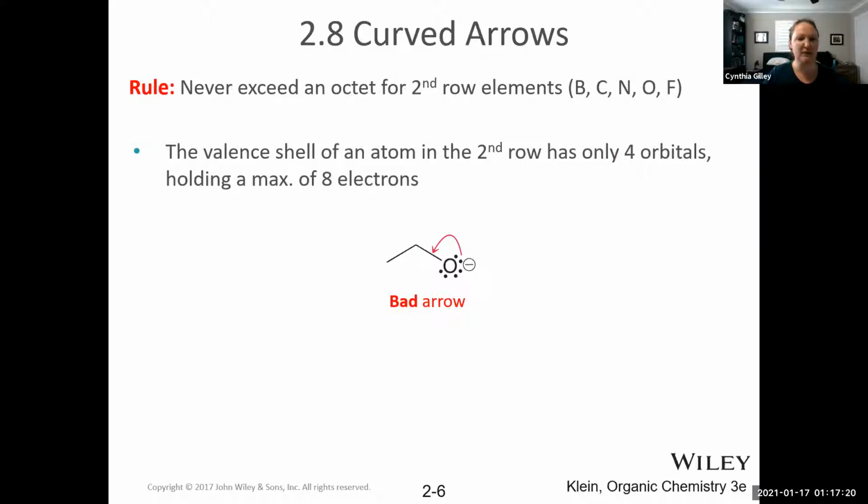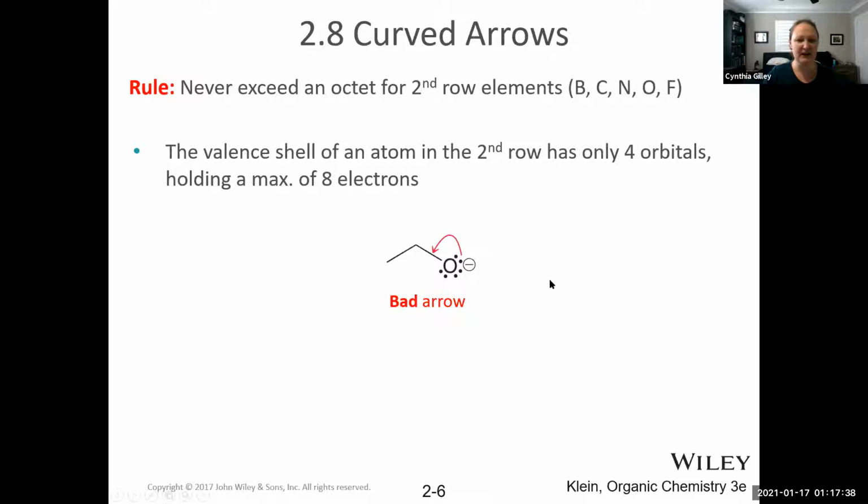We want to make sure to never exceed an octet for second row elements. Recall that second row elements cannot expand their octet the way third row elements and above can. So they can only ever achieve a maximum of 8 electrons.